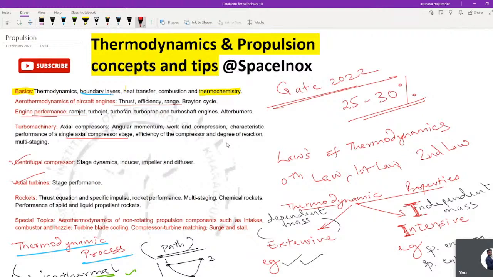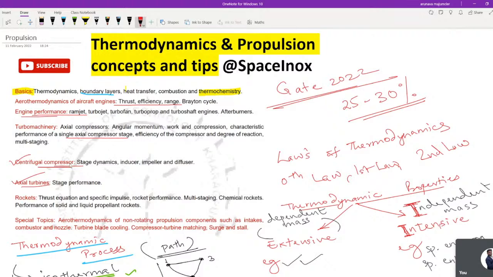You will easily obtain 10 marks from this particular topic by only understanding the efficiency formula and other relevant things. For turbine problems and compressor problems, you have to remember your velocity triangle.